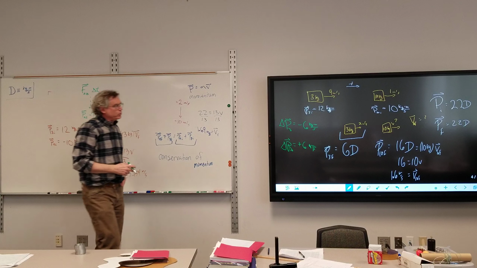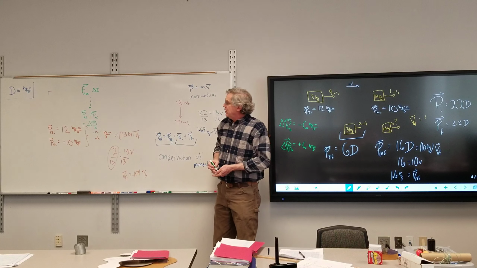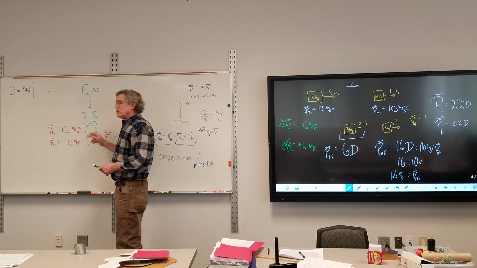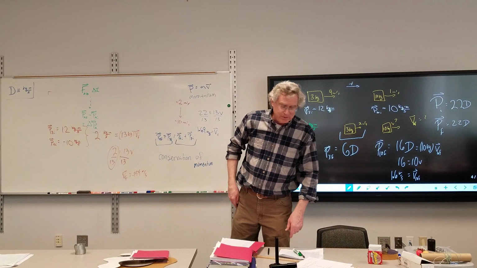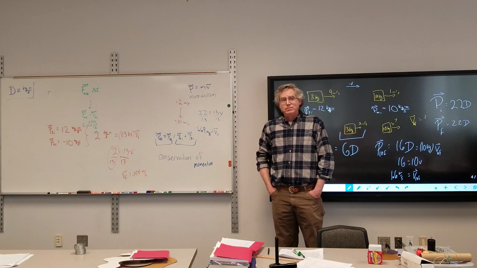If I told you how long they were interacting, you should be able to find the average force that they applied to each other. However, this has a special name, force times time or change in momentum. They needed a single word to describe it.